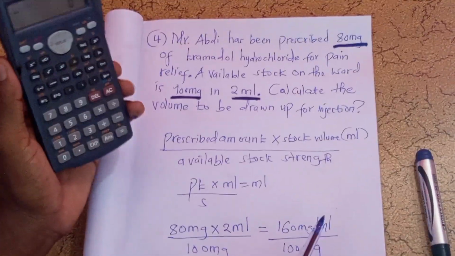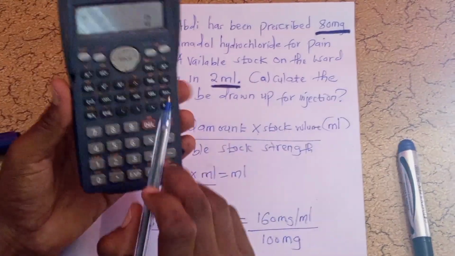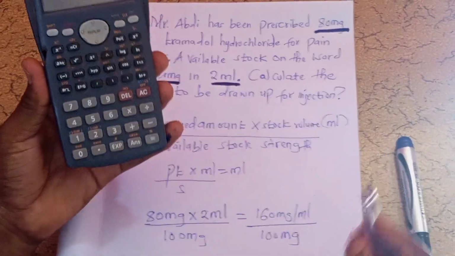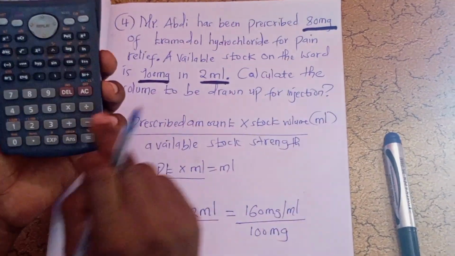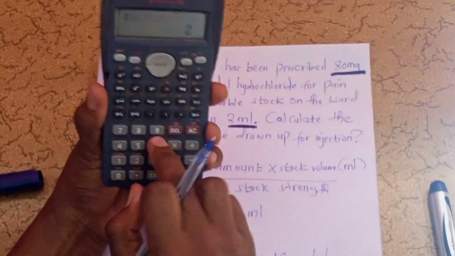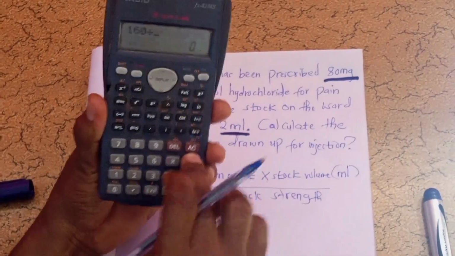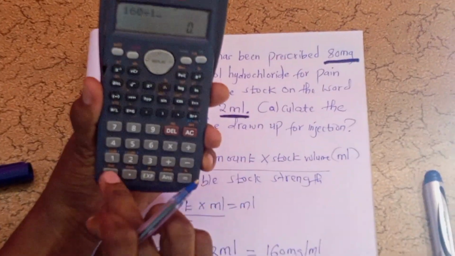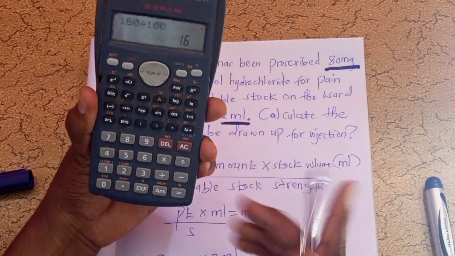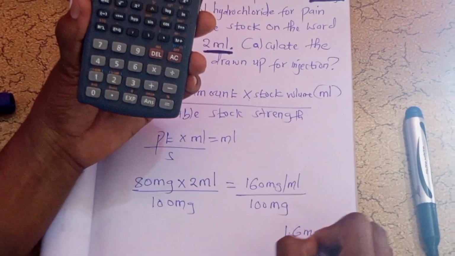What you can do is move the decimal places, or you can calculate directly from the calculator. Let me use the calculator. For example, you say 160 mg divided by 100 mg. That gives us 1.6 ml.